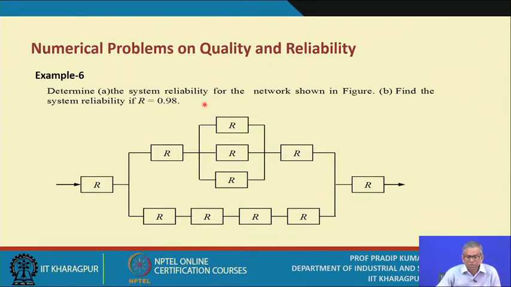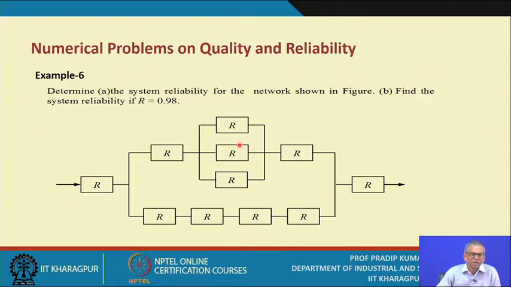Determine the system's reliability for the network shown in the figure. Find the system's reliability if R equals 0.98. That means we have ensured that all the individual components have the same reliability.